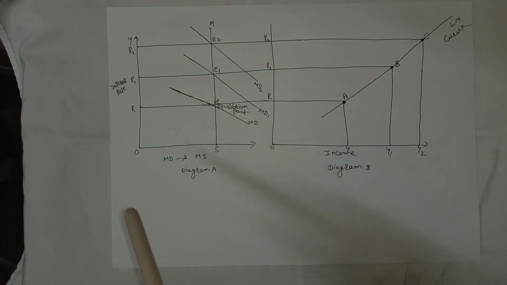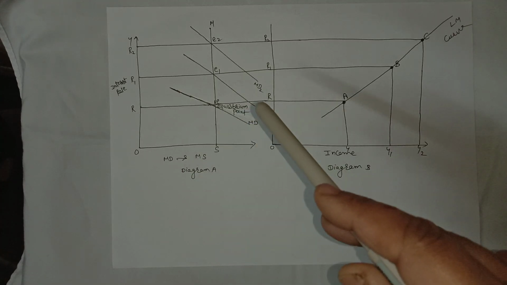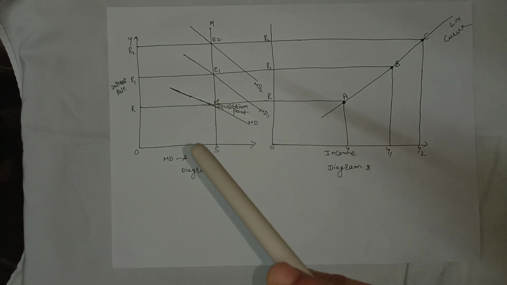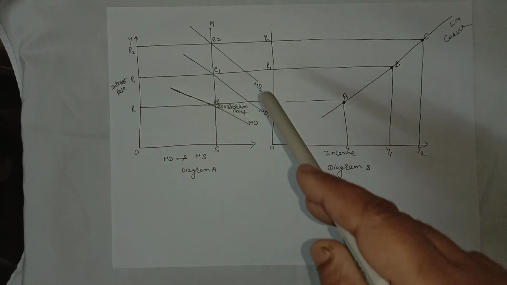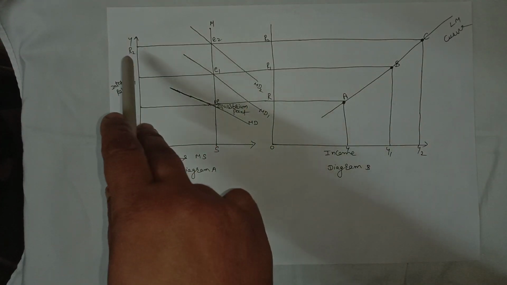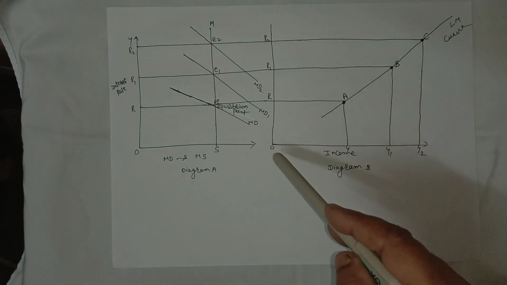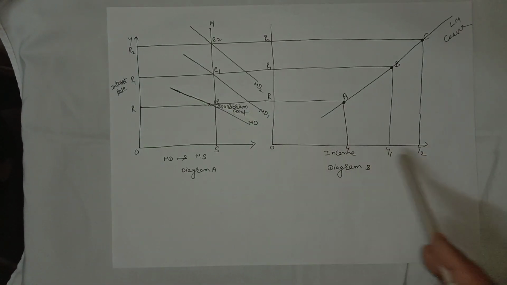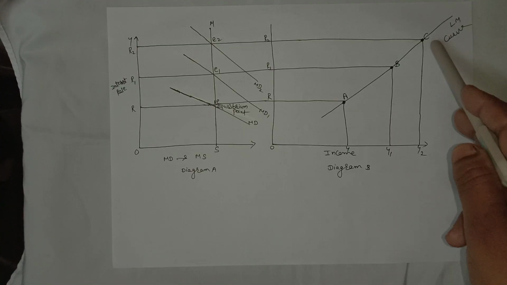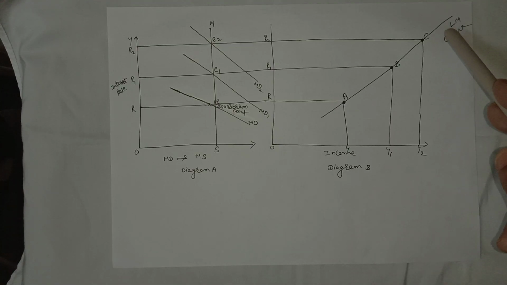Then the new equilibrium point is E2, which shows money demand is equal to money supply. We extend the same interest rate to diagram B, and we have interest rate OR2 and income OY2, and the new equilibrium point is C. This point shows equilibrium in the money market.